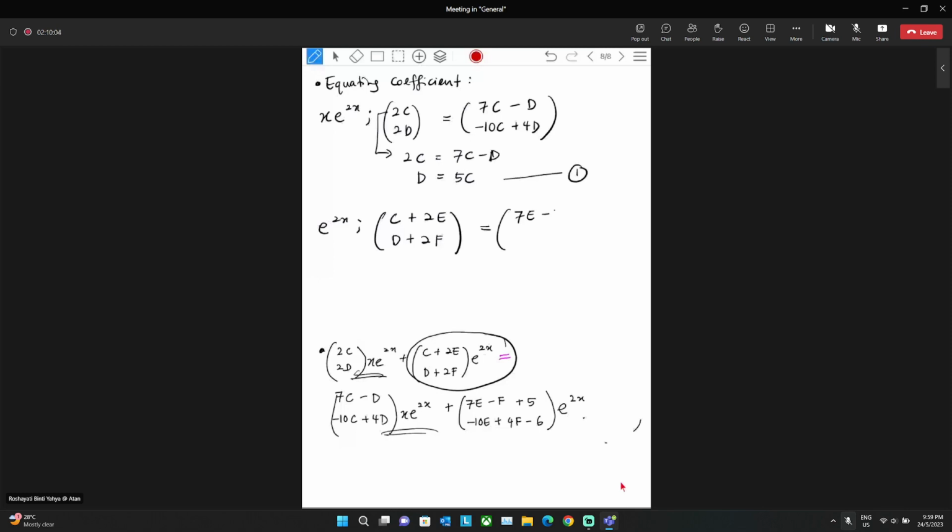Okay. Based on the first one here, c plus 2e equal to 7e minus f plus 5, and then c equal to 5e minus f plus 5. Number 2.